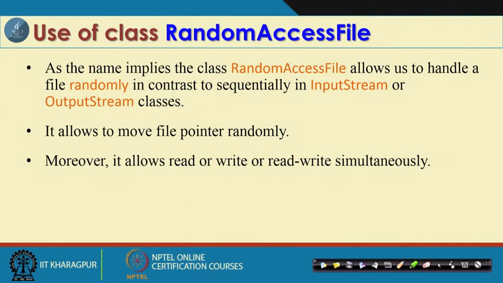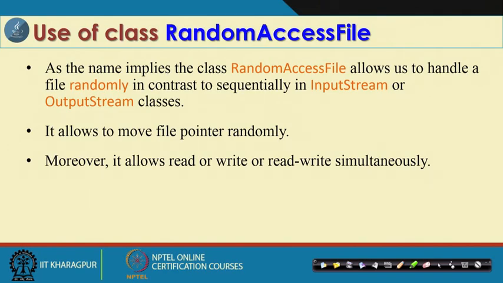Another important difference between the sequential streams and random access is that all the classes that we have learned so far, the sequential streams, can be opened in only one mode, either read mode or write mode.